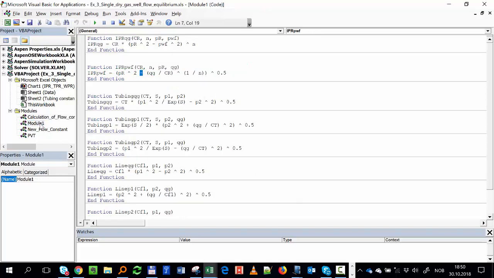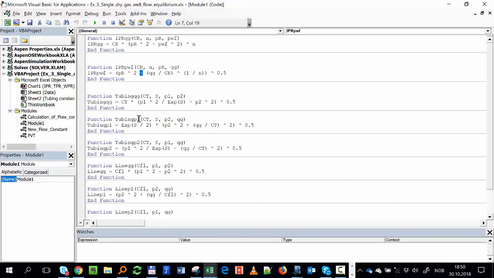If you go to module 1 and punch Alt F11, you see 3 equations that are called tubing. Tubing Q: you give the 2 pressures and it will give you the rate.